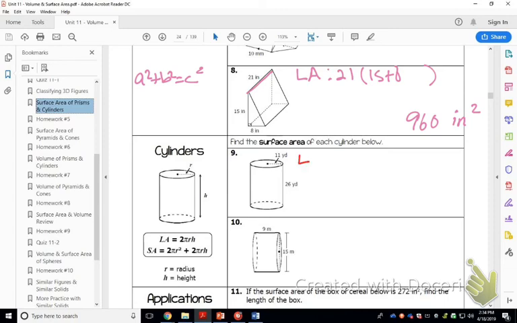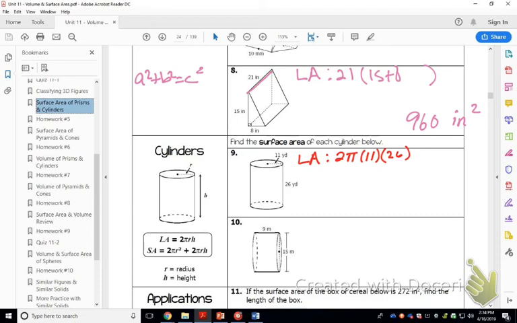So let's do the lateral area. So 2 pi, and our radius is 11. And what's the height of the cylinder? 26.